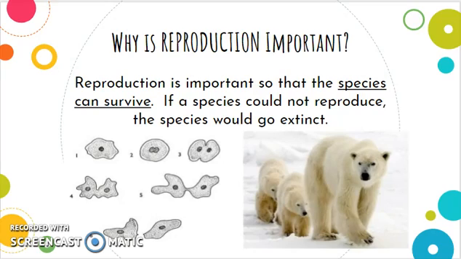So now I have a baby bacteria that I didn't have before. If the cells couldn't do this, or if the protists that we were looking at under the microscope were unable to go through mitosis or unable to split and make baby bacteria or baby protists, their species would go extinct. They wouldn't be able to survive.